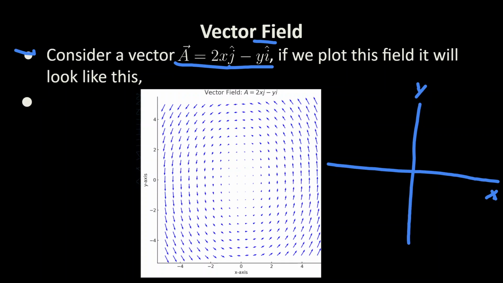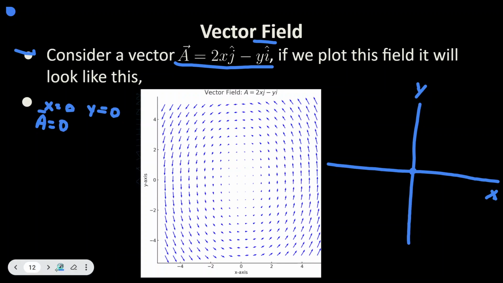Now let us plot a couple of points. Let's say x is equal to 0 and y is equal to 0. If I put these values of x and y in A, we will get vector A as a zero vector. So this point is the origin. Let us take more points.